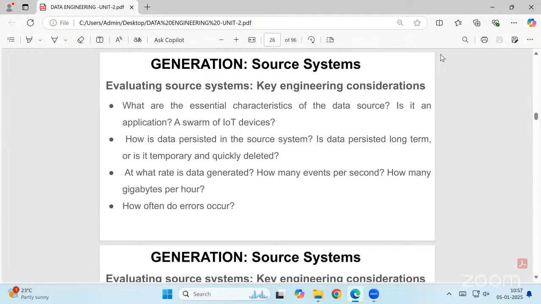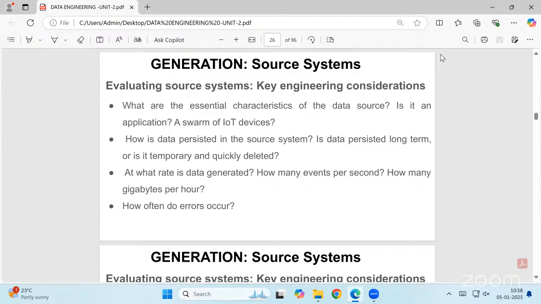For every phase, we will have some questions that are to be addressed by those phases, which we name key engineering considerations. So these are the questionnaires, and people doing the engineering life cycle have to address these questions to create the data life cycle.